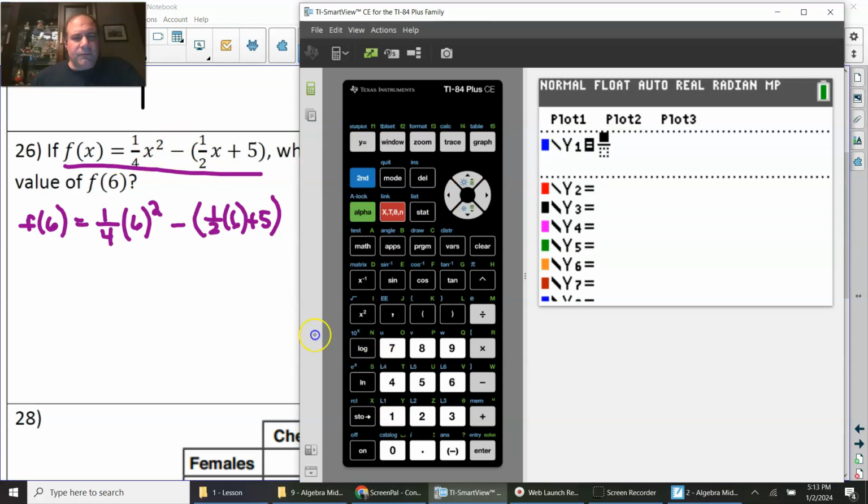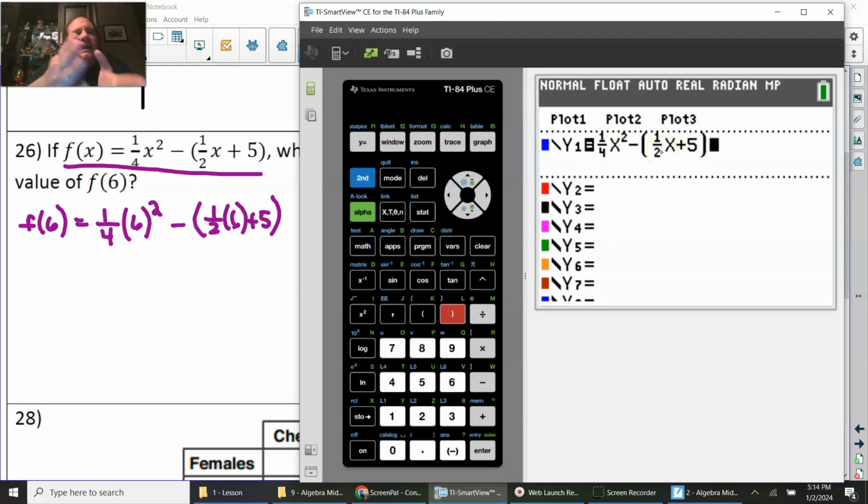So I'm going to put 1/4. This is x squared minus 1/2 x plus 5. Yes, you can convert them into decimals if you really want to.